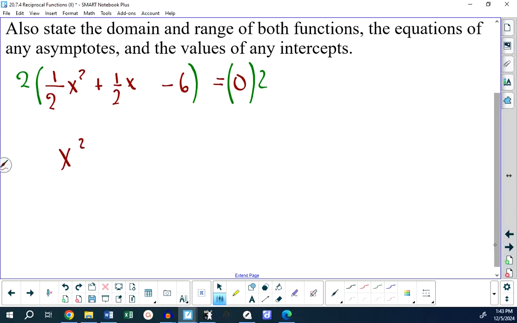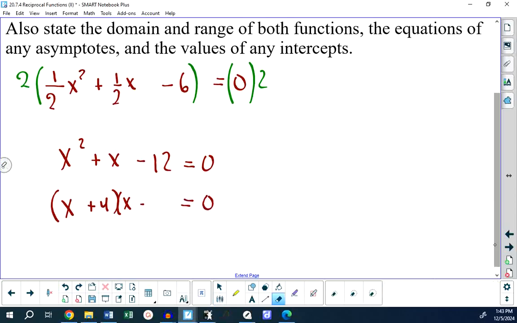Giving me x squared plus x minus 12 equals 0. Which factors into (x plus 4)(x minus 3). The x-intercepts will be at negative 4 and 3.